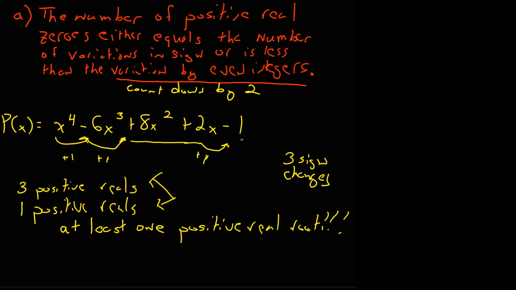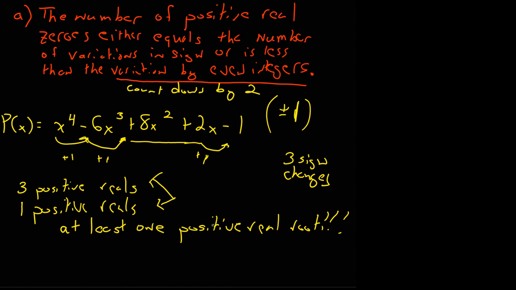Because look at this. What are the roots to this? I can't see it in the polynomial. So I've got to use these tools and these tests to help chunk it out. I know, hey, look, I have a 1 and a 1. So my possible roots are plus or minus 1. At least one of them has to be positive.